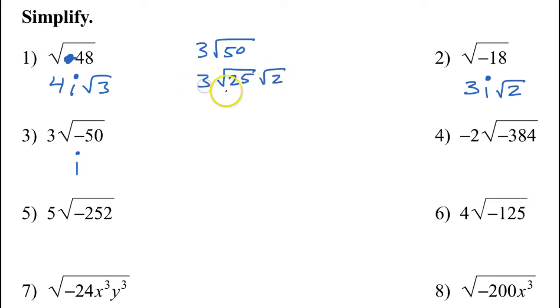And I have this 3, I'm just going to bring that down. Now the square root of 25 is 5, just a regular 5. So I bring down the 3, this is multiplication, I bring down the radical 2, and 3 times 5 is 15. So this is going to be 15 radical 2. That means I have 15i root 2. That's the answer to problem number 3.